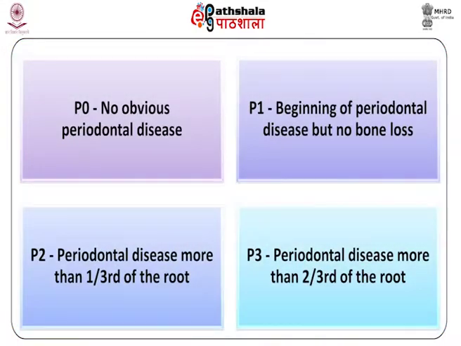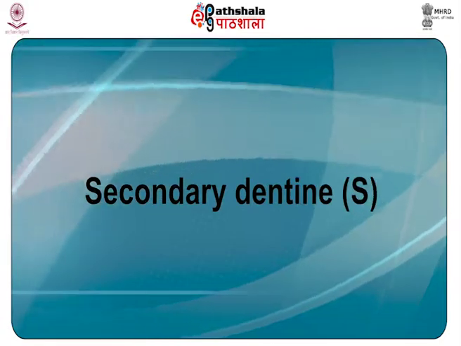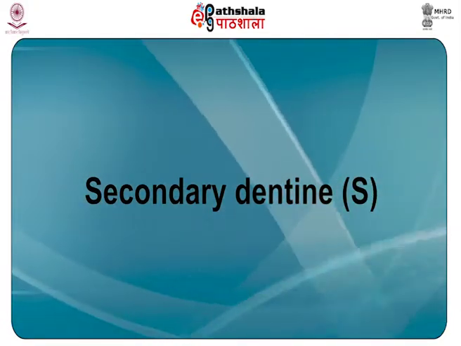And in this chart, it is denoted by P0, that is no obvious periodontal disease. P1 denotes the beginning of periodontal disease but no bone loss. P2 denotes the periodontal disease more than 1/3 of the root, and P3 denotes the periodontal disease more than 2/3 of the root.